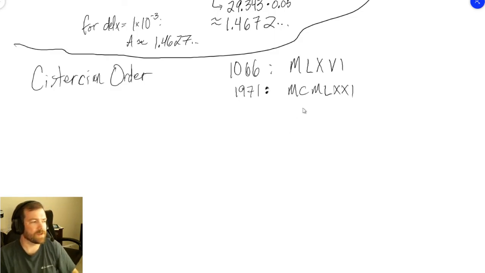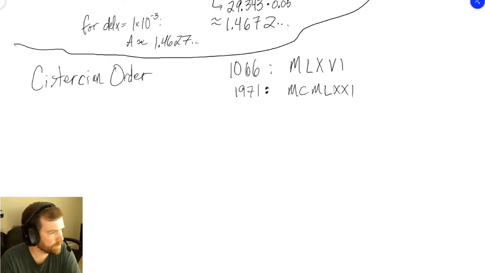And so the Cistercian Order monks were just like, this is pretty inelegant. I don't like it very much. Let's come up with a completely different number system. And so they began writing their numbers on sticks.